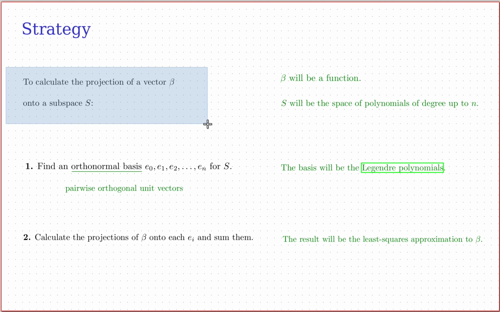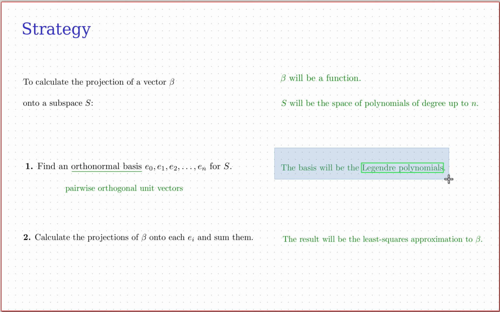But in general, to calculate the projection of beta onto S, it works the same in any inner product space. What you can do is first work out an orthonormal basis for the subspace S. An orthonormal basis, as you learned in linear algebra, is just a set of pairwise orthogonal unit vectors. In our case, those pairwise orthogonal unit vectors will be Legendre polynomials, and we'll discuss them in the next video.